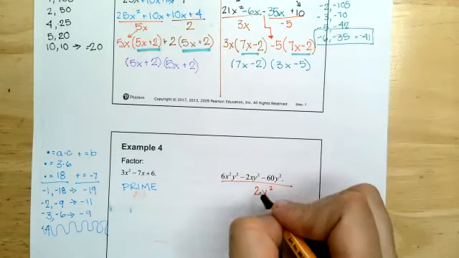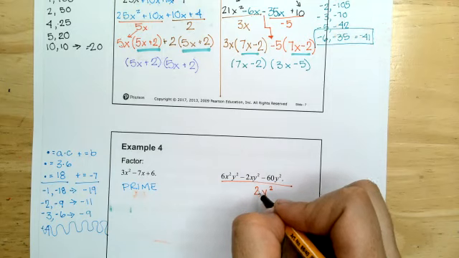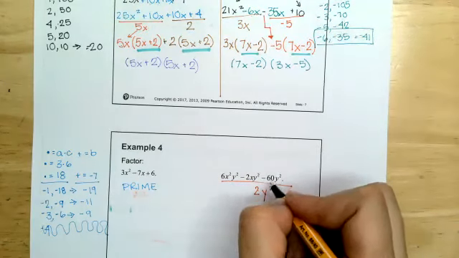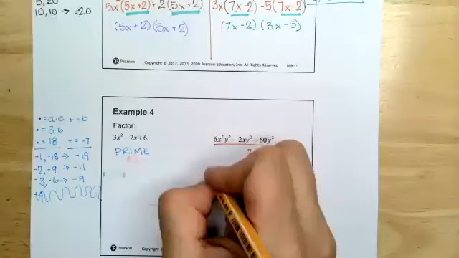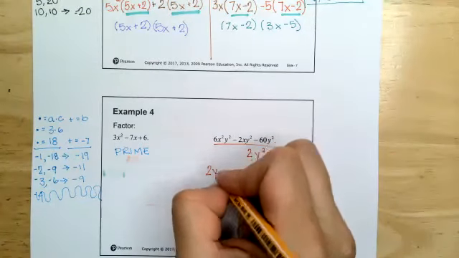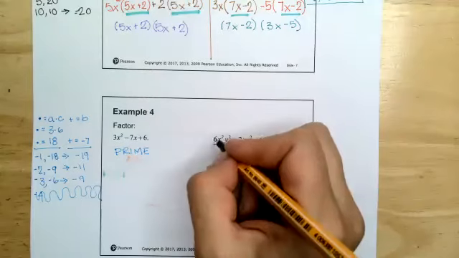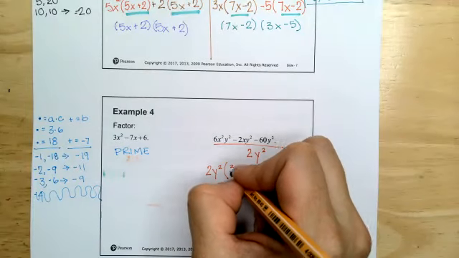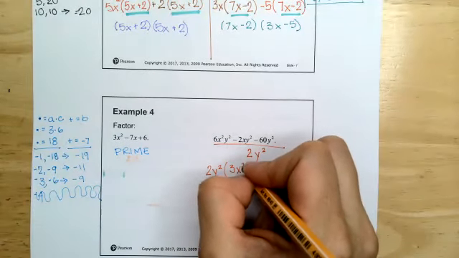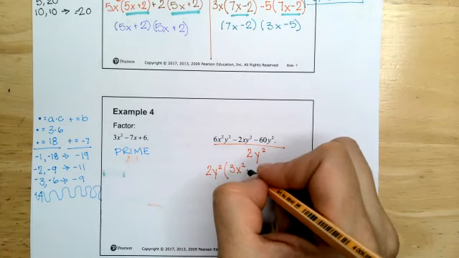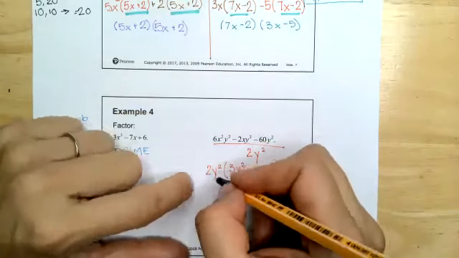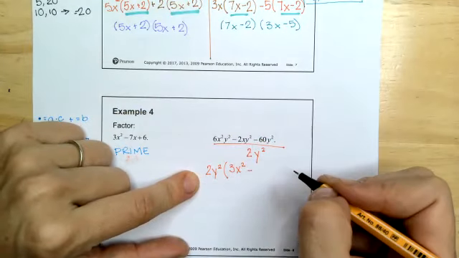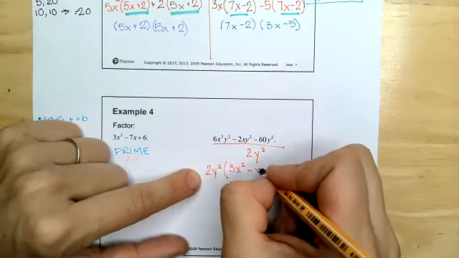6 divided by 2 is going to be 3. Negative 2 divided by 2 is just going to be a negative 1. Negative 60 divided by 2 is going to be a negative 30. So this all changes to 2y squared times 3x squared. Y squared divided by y squared makes the y's disappear. Negative 2 divided by 2 is a negative 1, x.